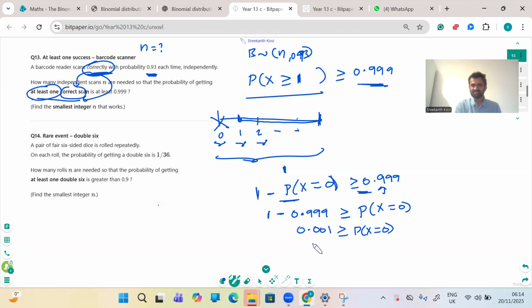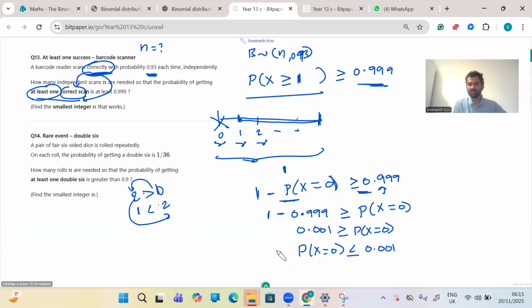If you interchange the sides, the inequality changes. There are only two occasions when the inequality changes. If you make the left side the right side and the right side the left side, for example 2 is greater than 1, and you swap positions, the inequality flips. Similarly, P of X equals 0 is less than or equal to 0.001.